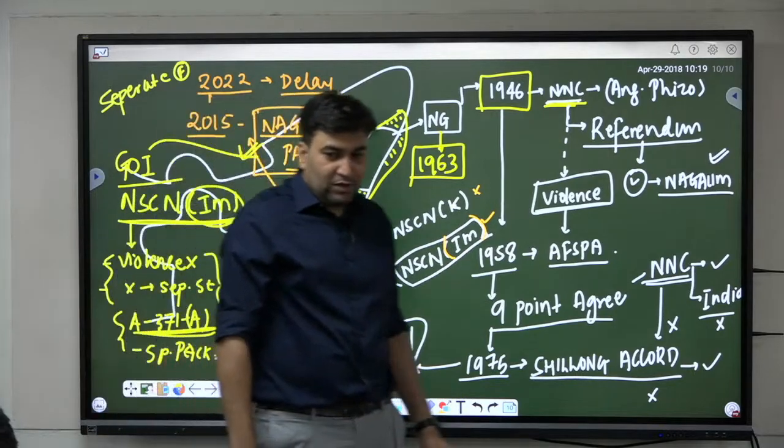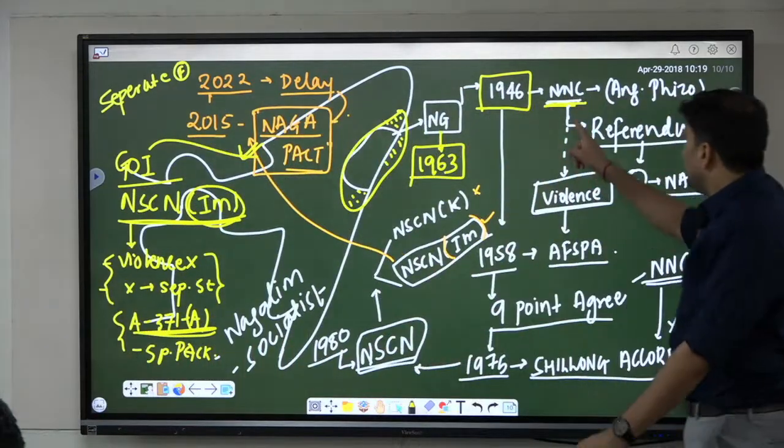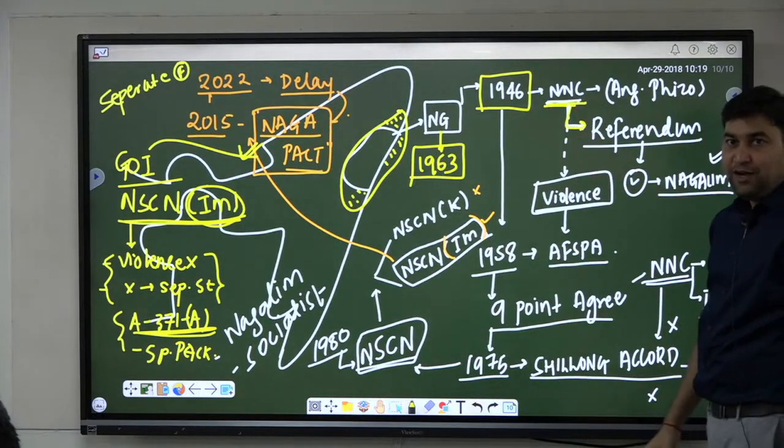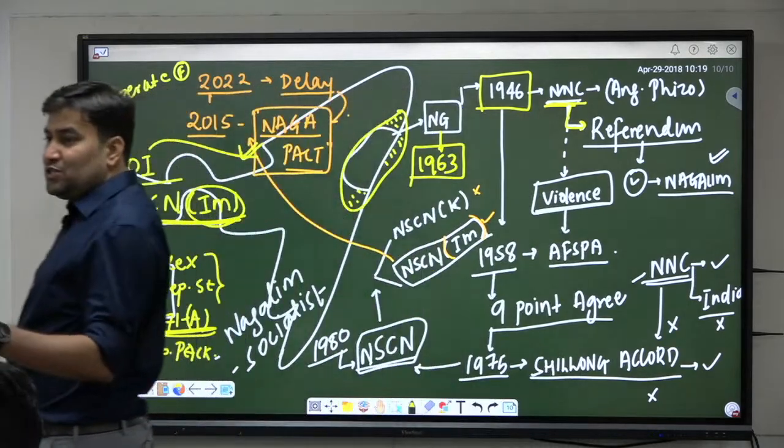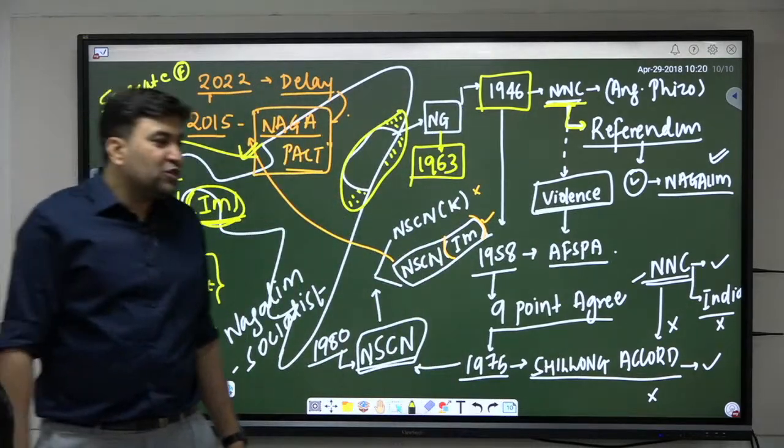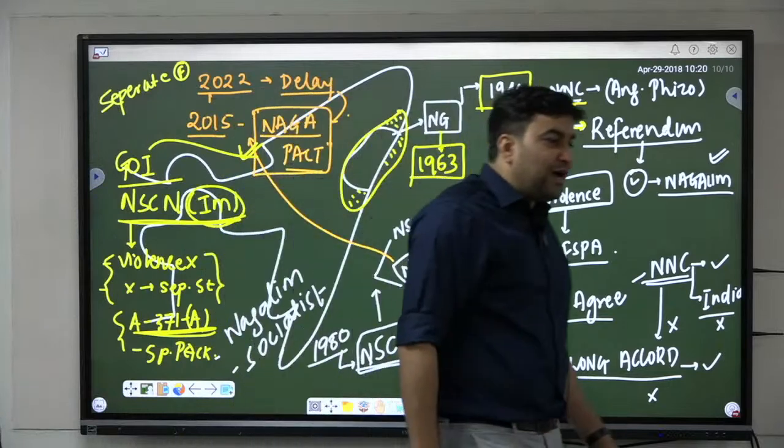Next point, a referendum was conducted. What is a referendum? A direct means of democracy. A referendum was conducted which voted in favor of Nagaland.